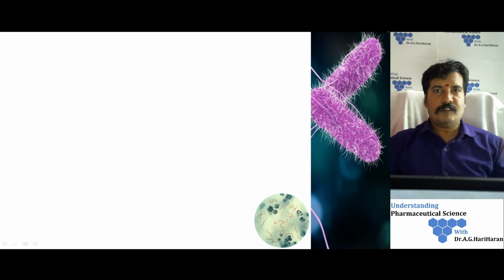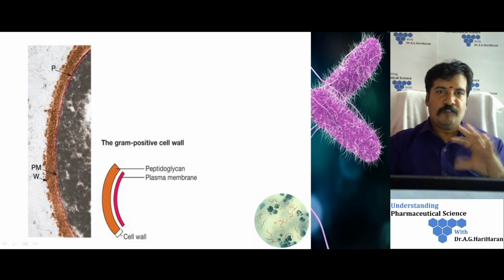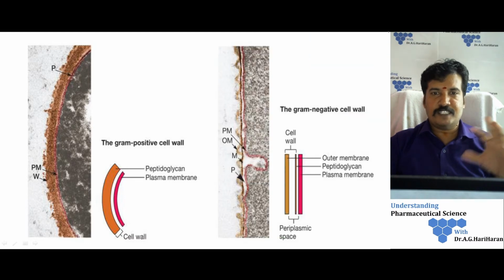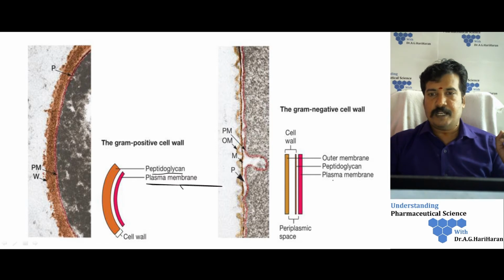Out of this, the major chemical is the peptidoglycan. Before getting into the chemical structure, let me give a brief overview of the difference between the gram positive and gram negative cell wall. In gram positive, we have a plasma membrane and a peptidoglycan layer, whereas in gram negative, we have a plasma membrane, a thin peptidoglycan and an outer membrane. This is the major difference.